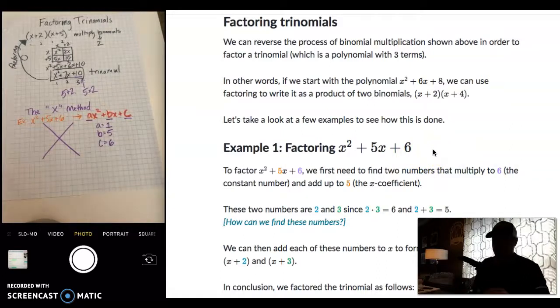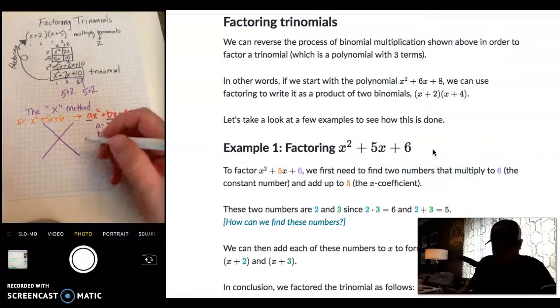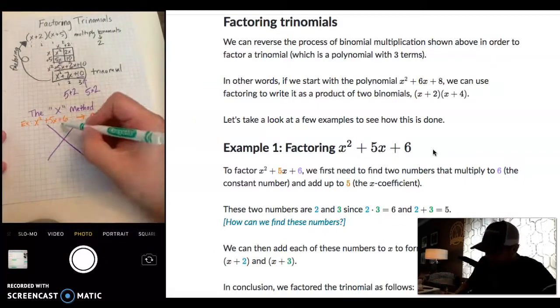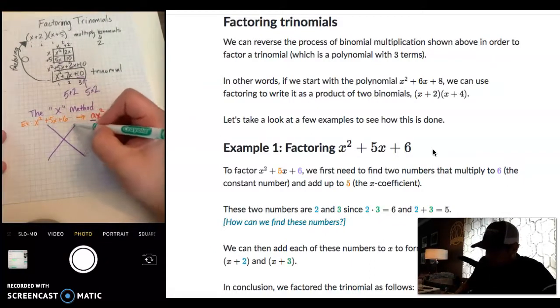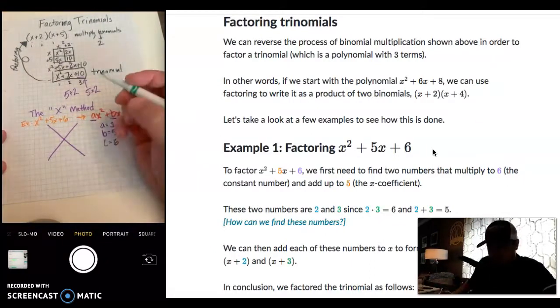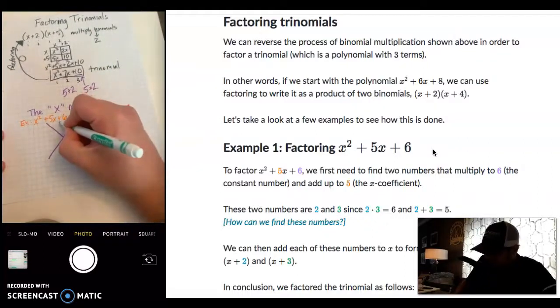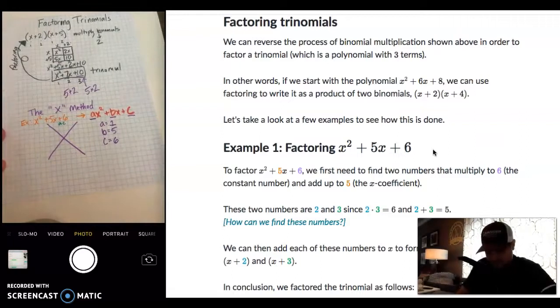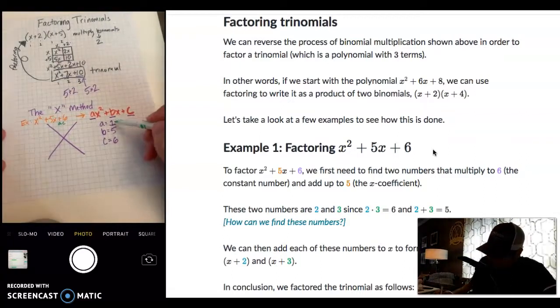Okay? All right, now for the X method, this is going to be an important piece of your notes, so make sure that you get this down. For the X method, in the top part of the X, this little triangle-shaped part here, we want to put A times C. So in this problem, A is 1 and C is 6.